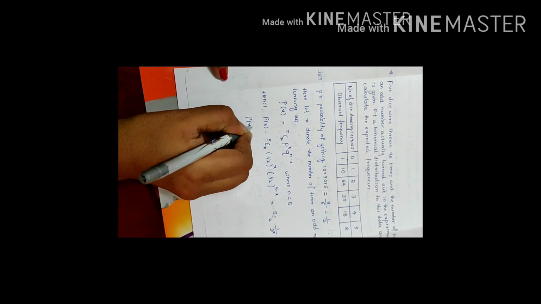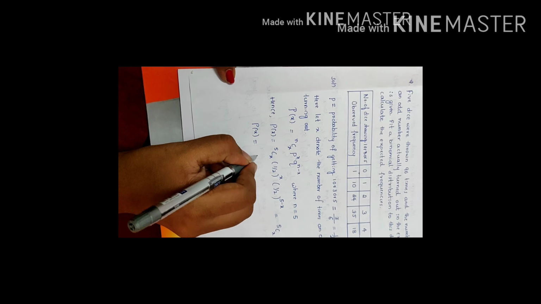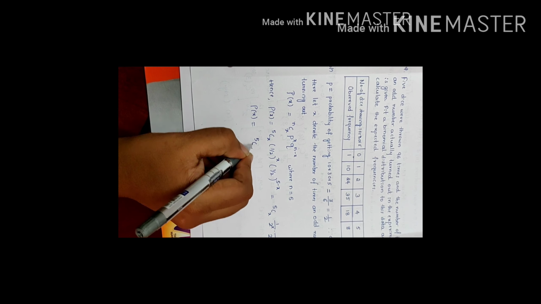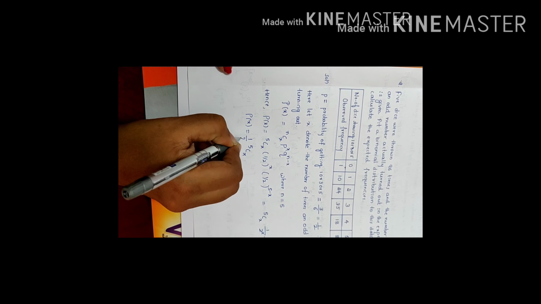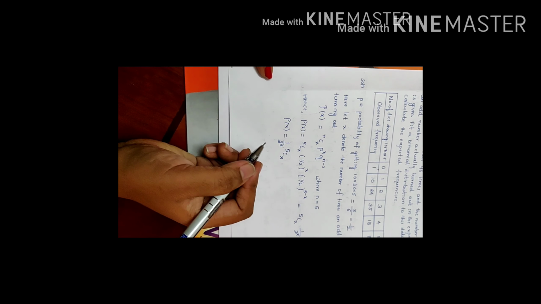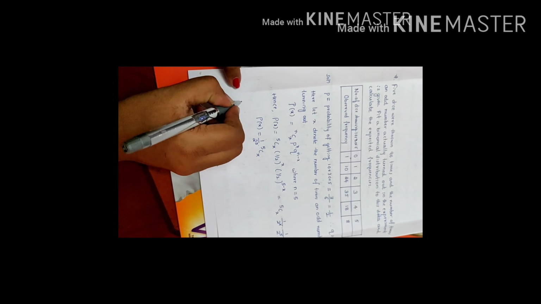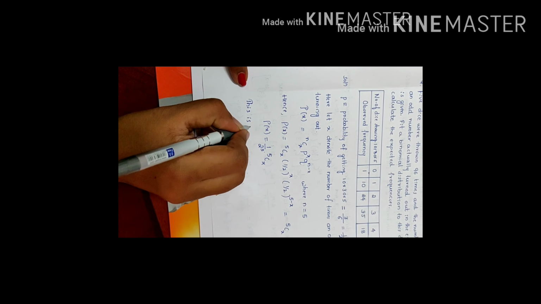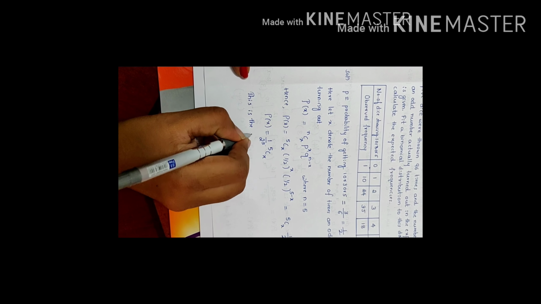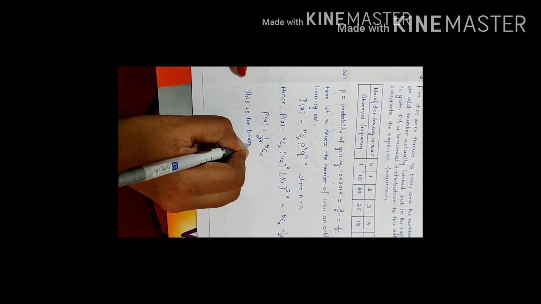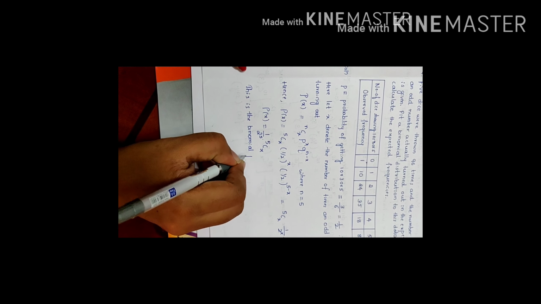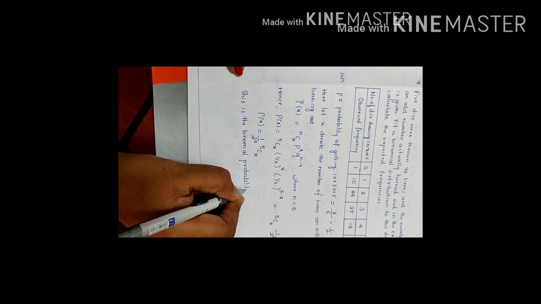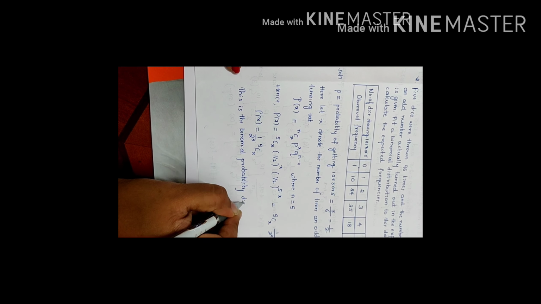So your P of x is nothing but 5Cx into 1 by 2 raised to 5. This is the required binomial probability distribution function.